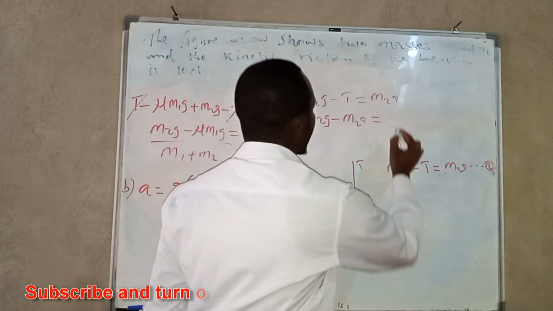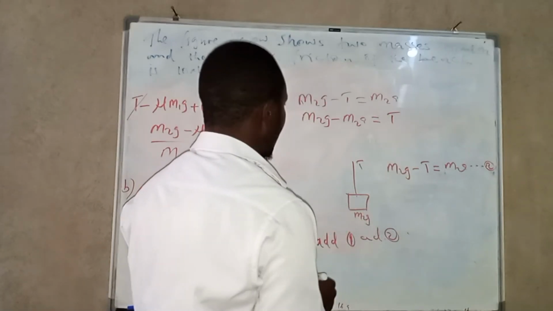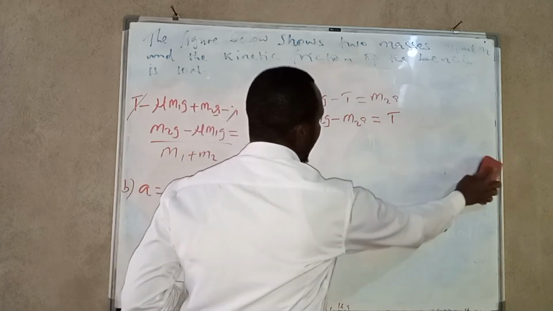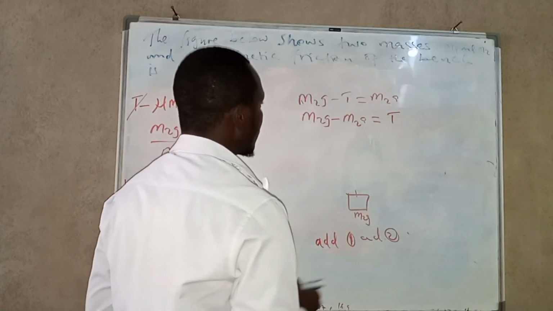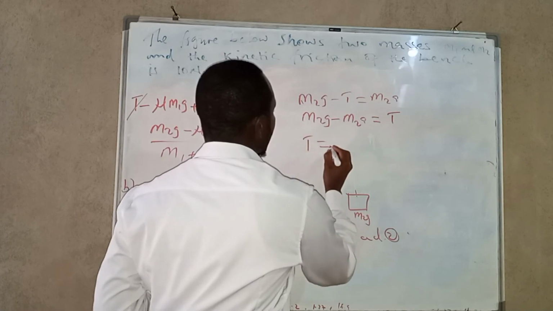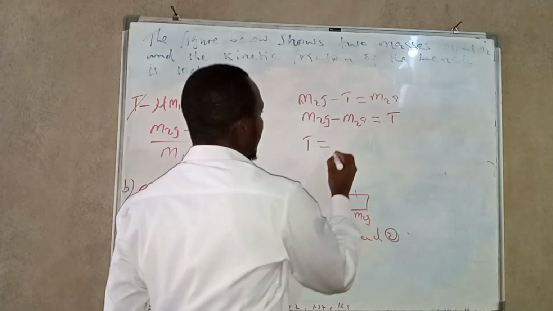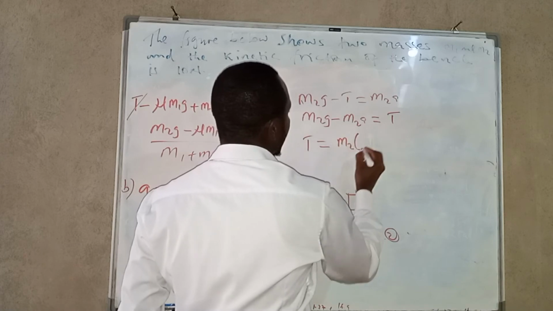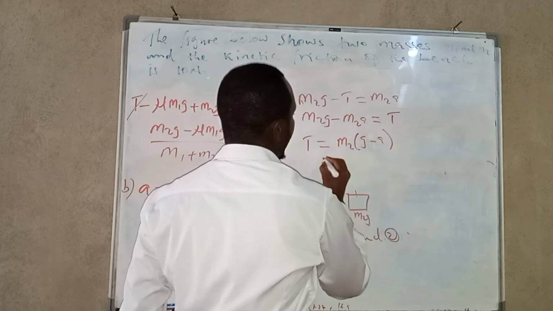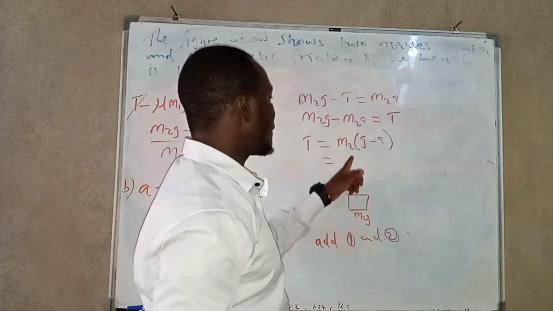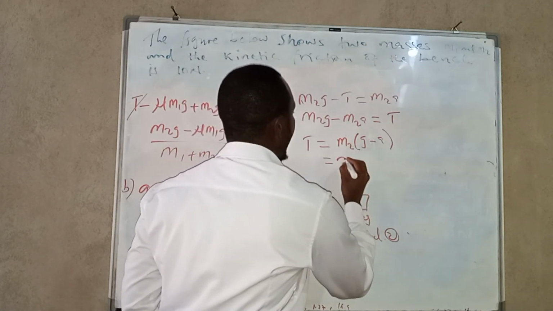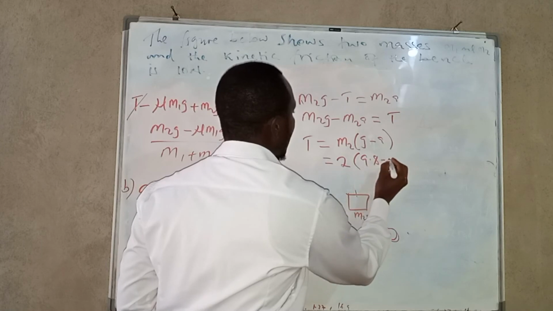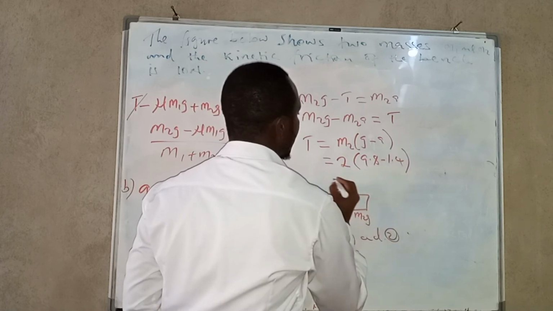This is going to give us T. Putting in the values, T is equal to M2, since it is common, M2 times G minus A. Putting the value for M2, it is 2 times 9.8 minus 1.4.